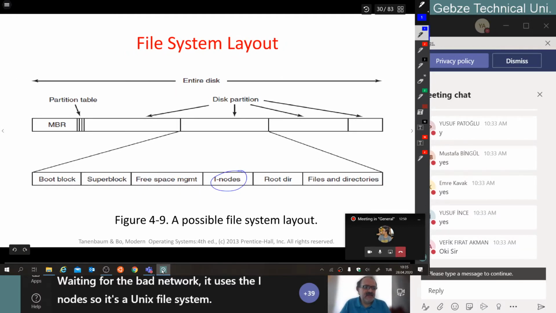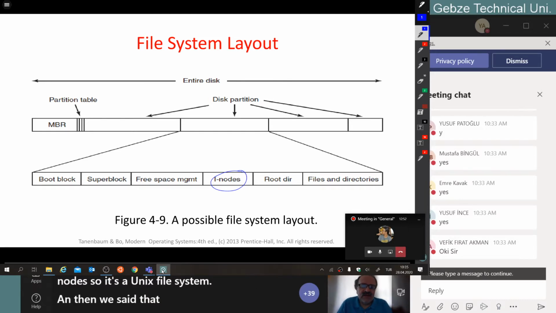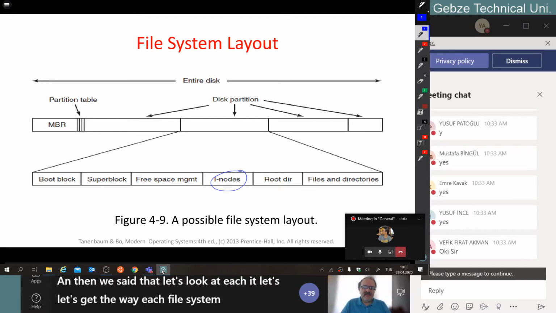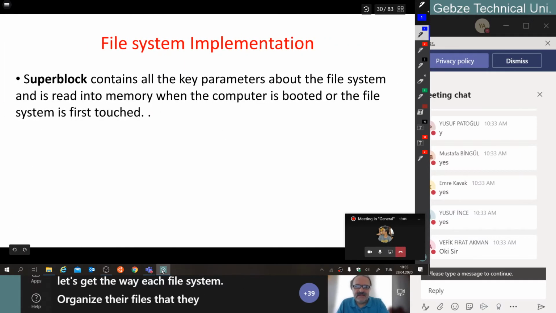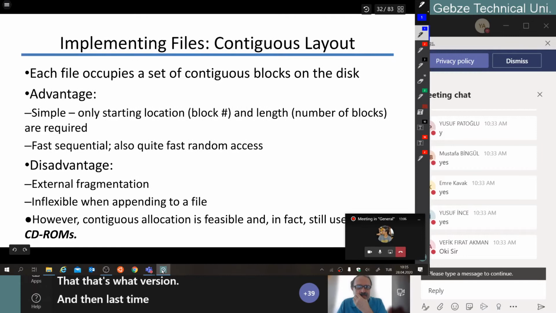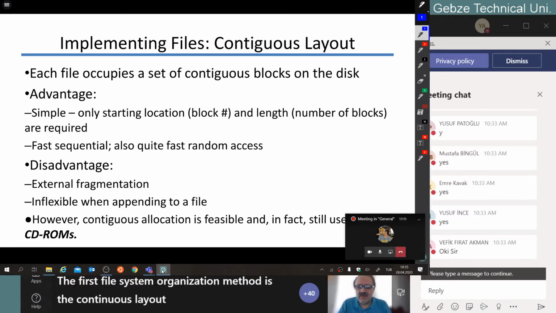And then we said let's look at the way each file system organizes their files. That's what we were doing last time, and we said that the first file system organization method is the contiguous layout.